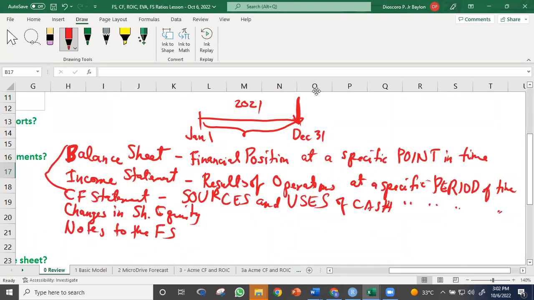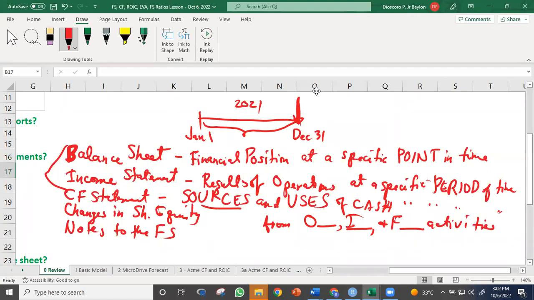Okay, for example, for the whole 2021, what were the sources of cash and the uses of cash from this, and this activities. So what type of activities are these?